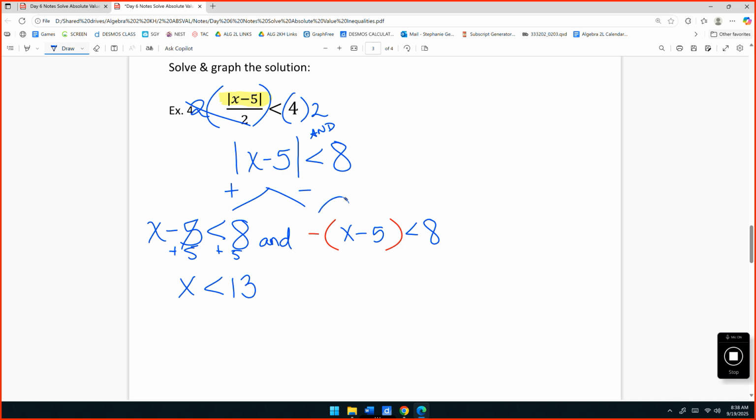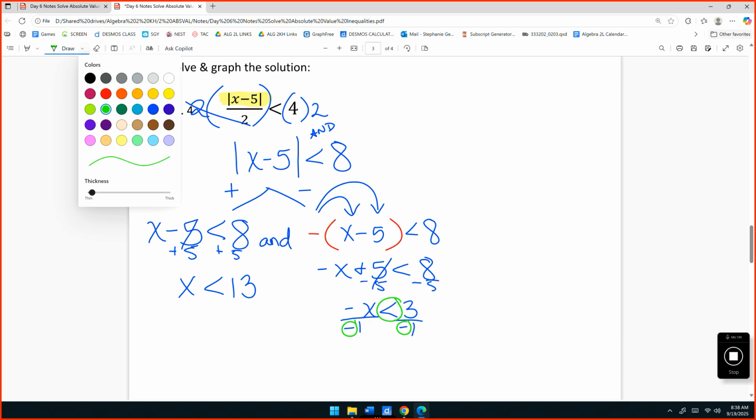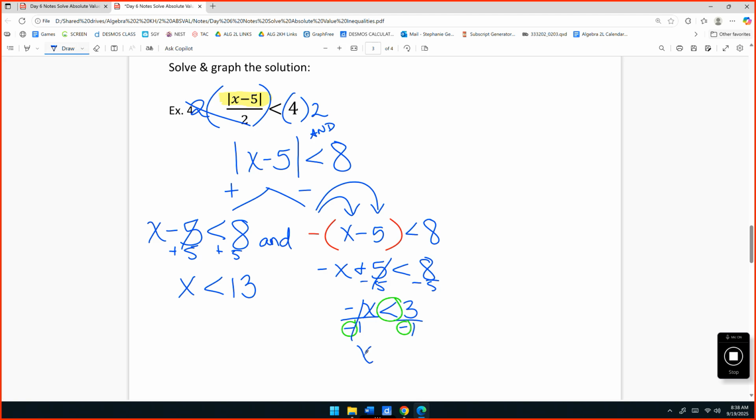And in this one, negative x plus 5 is less than 8. So I subtract 5 on this side. So negative x is less than 3. Divide by negative 1. Oh, there's the sign flip. So we realize on one of the sides, we're always going to have a sign flip, right? So this will be x is not less than anymore, but greater than negative 3.